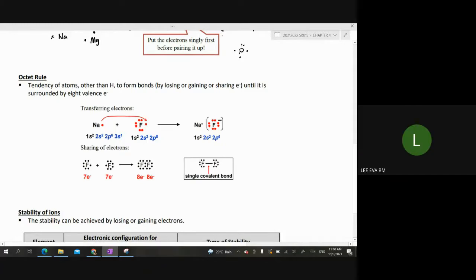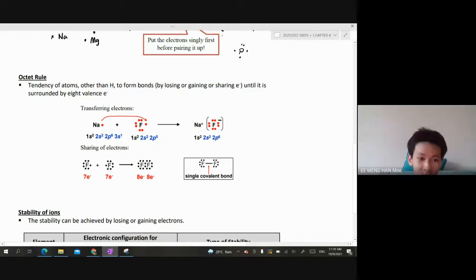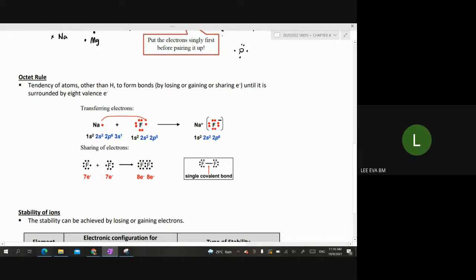Group 15, and 5 valence electrons. How about silicon? Group 14, and there will be 4 valence electrons. Okay, so it will be good that you can remember which element is from which group to help you understand how many valence electrons.